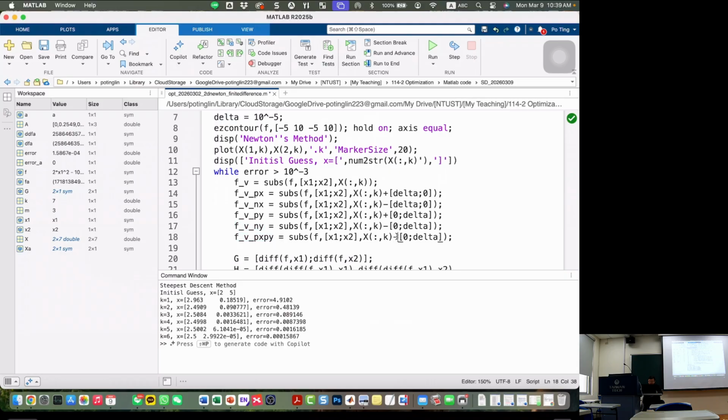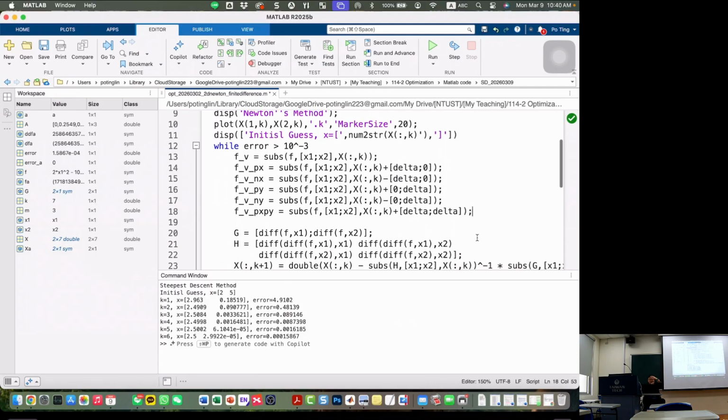So it's going to be positive here, with delta and delta, both with an increment of delta. So in this particular iteration, I will be evaluating f six times. This is all I need for this iteration. Now I just need to assemble them in a certain way so I can get G and H.